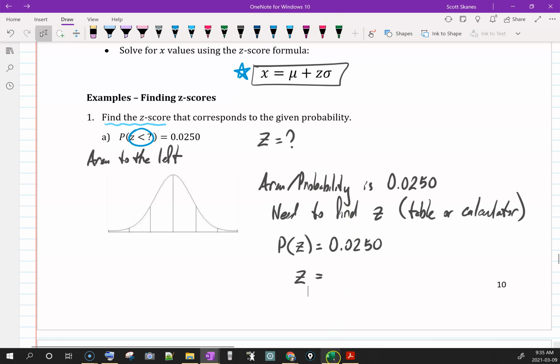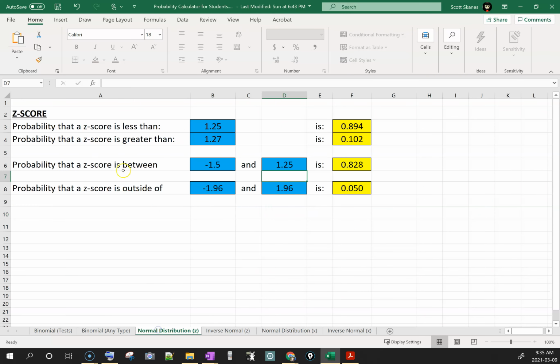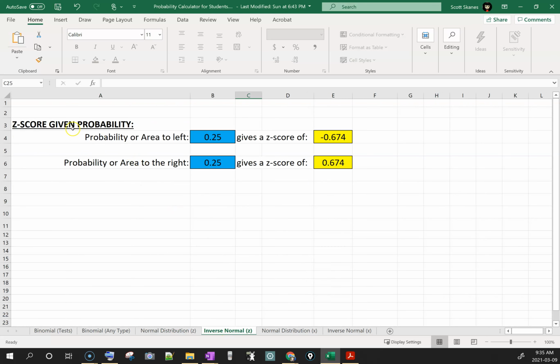Let's see if we can figure it out. So our probability is 0.0250. Let's look through. Normal distribution. We want to find the z-score? No, we don't. This is if we're given a z-score. So we don't want that. What if you want to find a z-score given a probability?